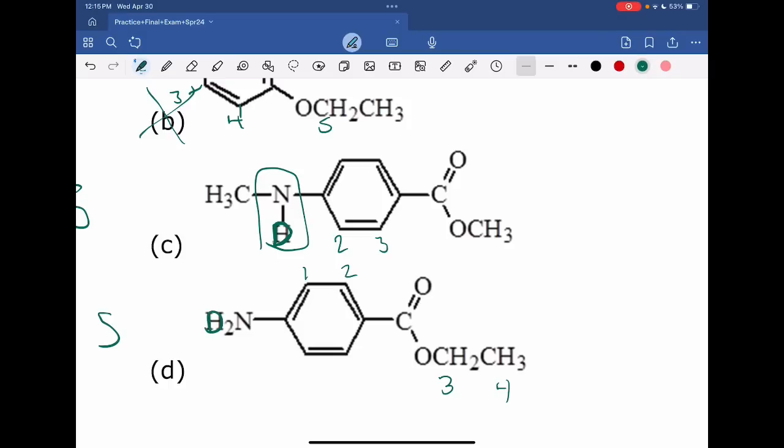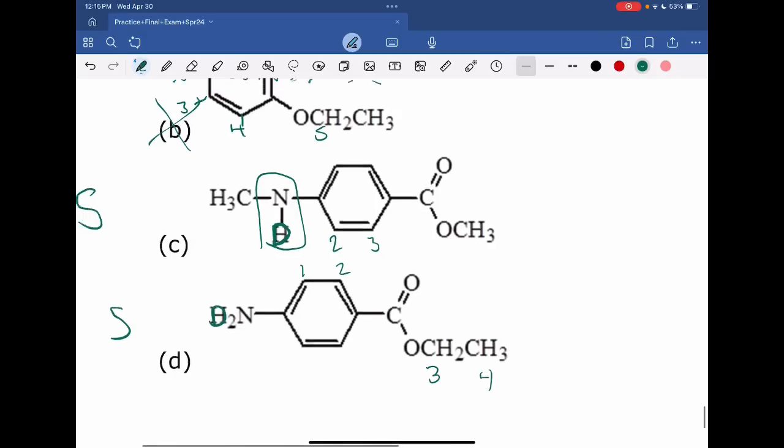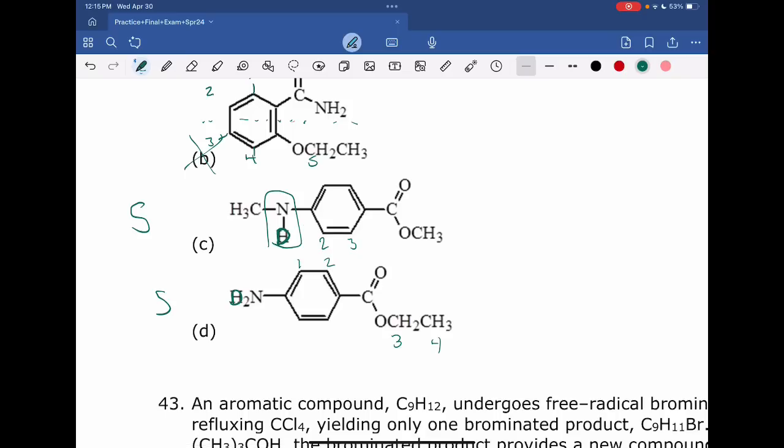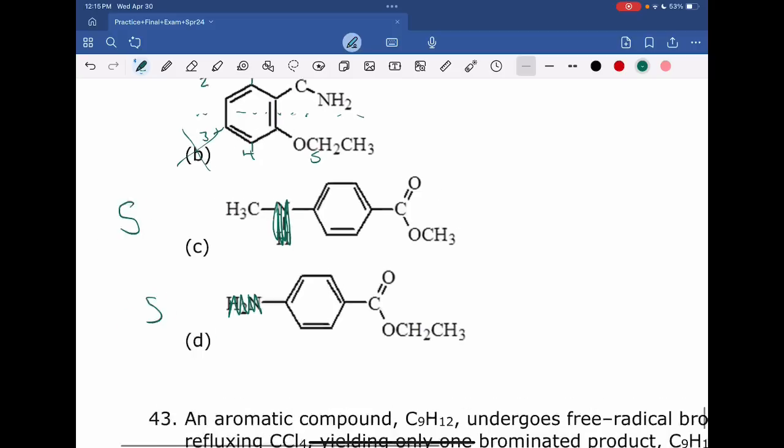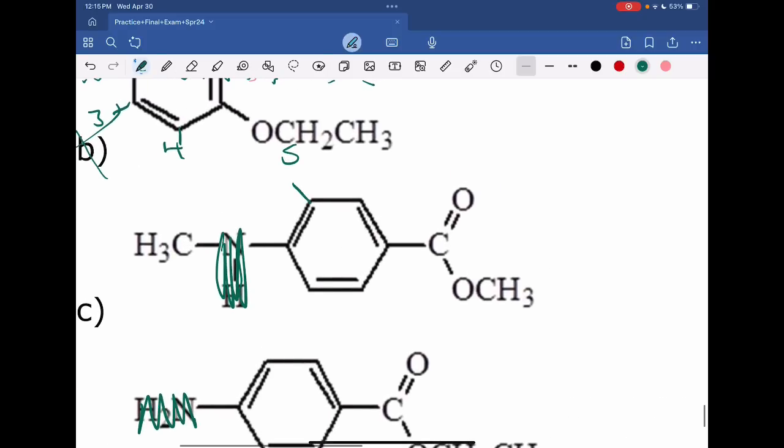So, what is the difference? Let's analyze each peak individually. Let's just cross this out because it doesn't matter. Okay. So these H's, we said they were equivalent, and they're both going to be split once.